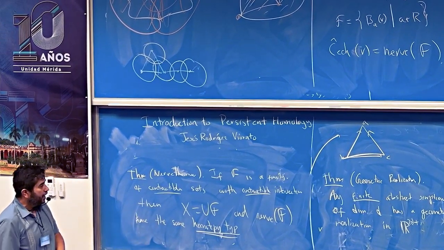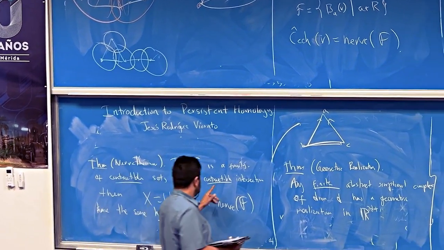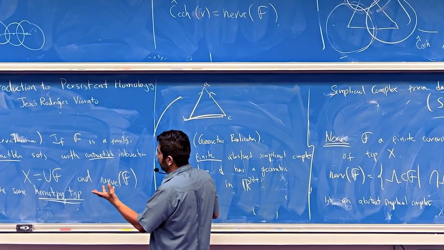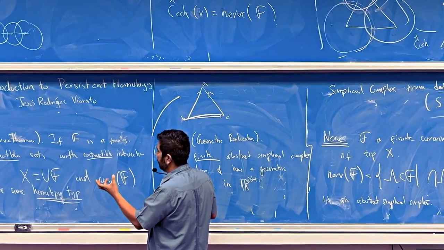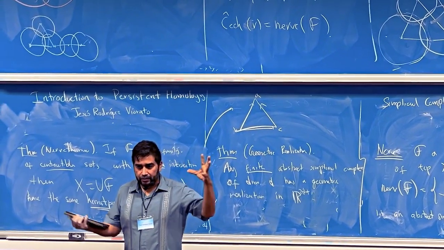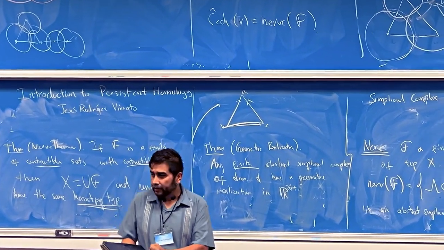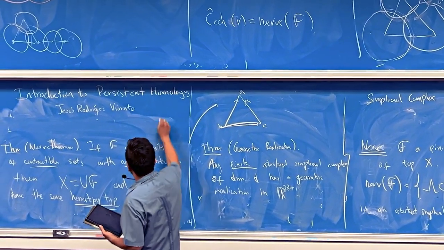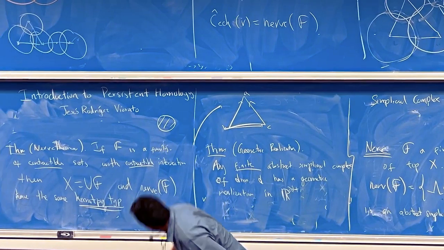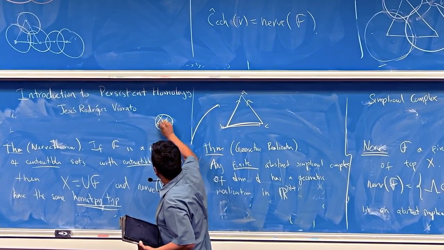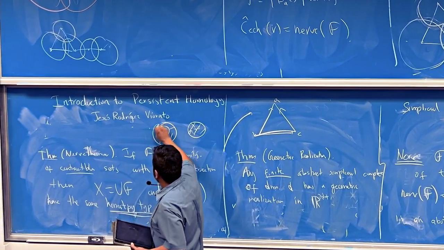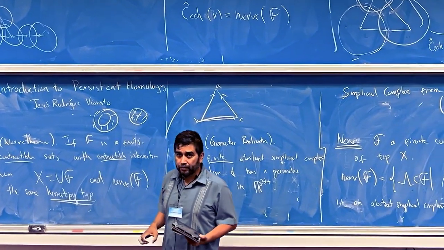So this means that when you have contractible sets, well, if you don't know what contractible is, you can think of them as things that you can compact into a point, you just squish it down to a point. So you can squish a ball down to a point. But for example, an annulus is something that you cannot squish down to a point, right?